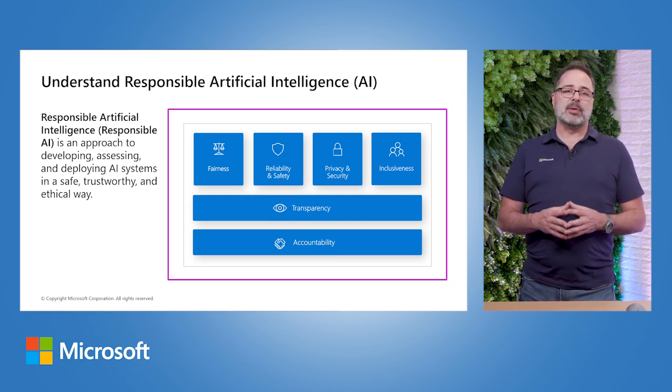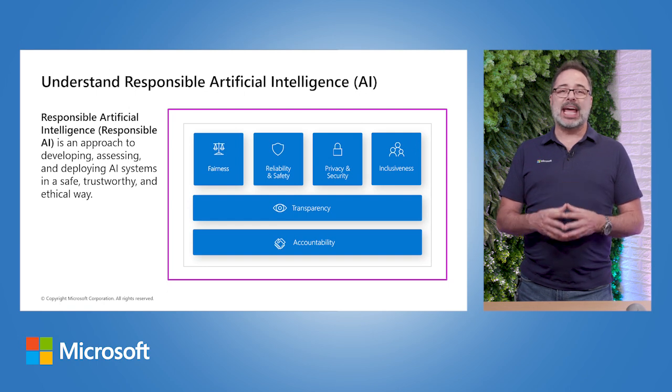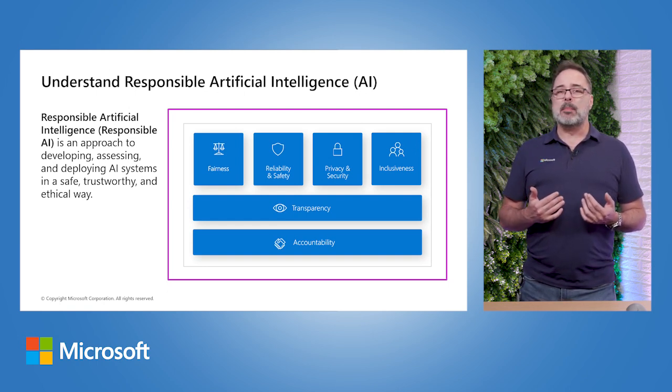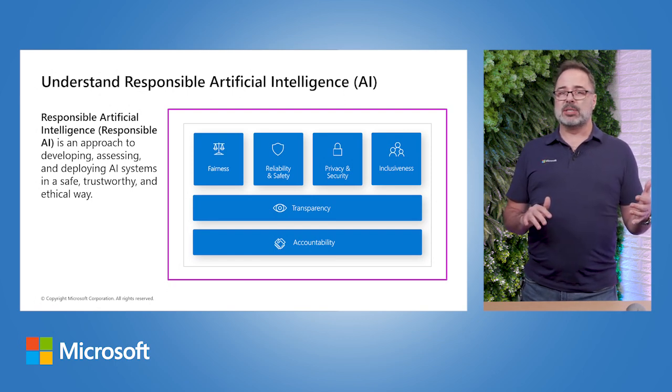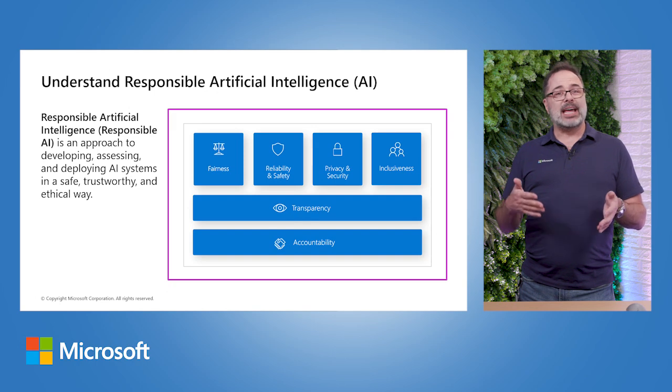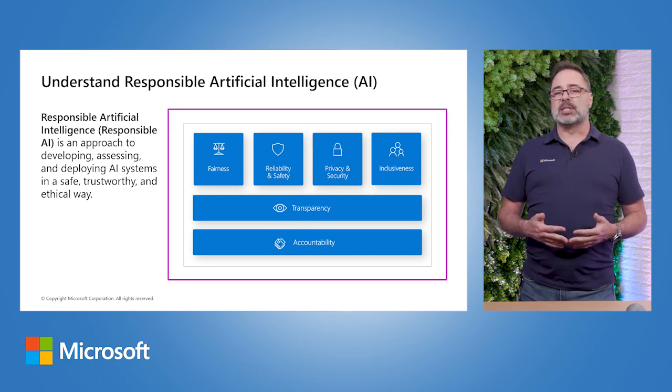Lastly, it's important to remain accountable for how an AI solution performs. And this can include things like ensuring that an AI model prediction is not the final authority on critical decisions that may affect people's lives, or that we proactively monitor and assess an AI's performance over time, especially as we update our solution.